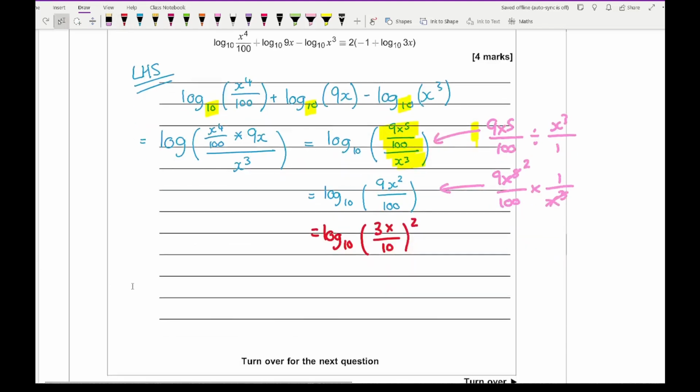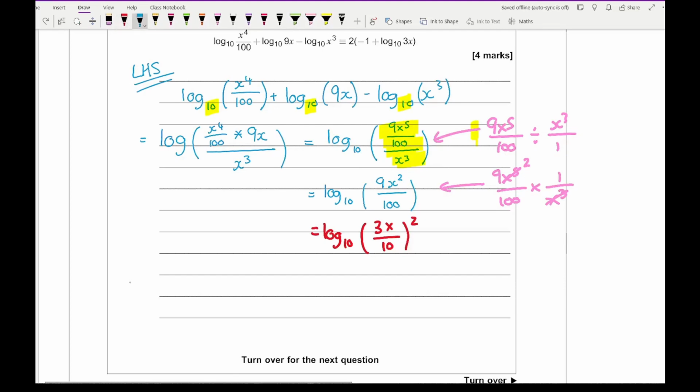Then from this, using the rules of logs again, this becomes log 10 of 3x, and let's take that 2 over, minus log 10 of 10.